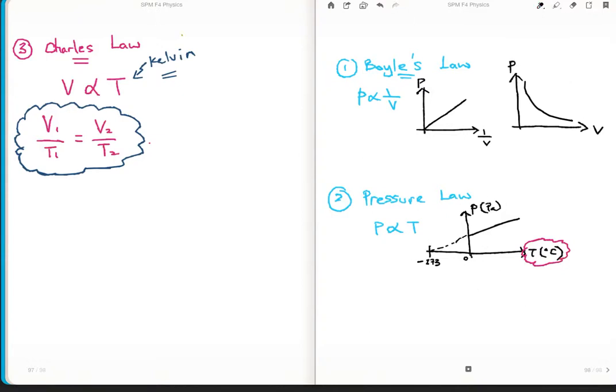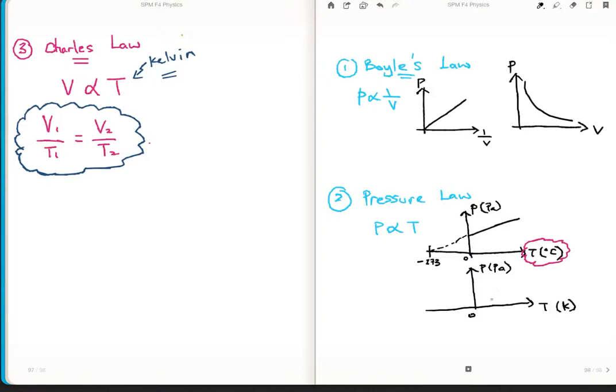Otherwise, they'll give you the same thing here. Pressure in Pascal, same axis, temperature. Instead of Celsius, they give Kelvin.